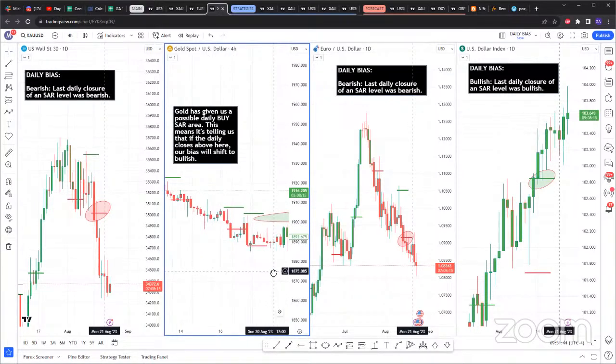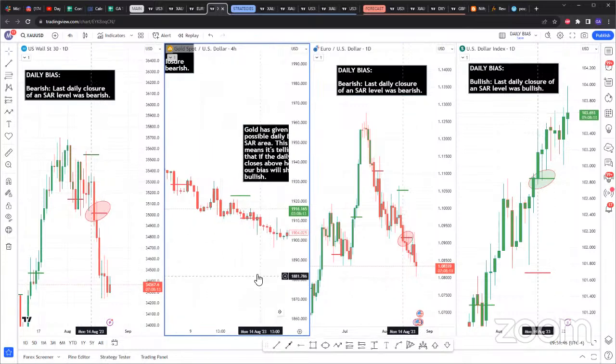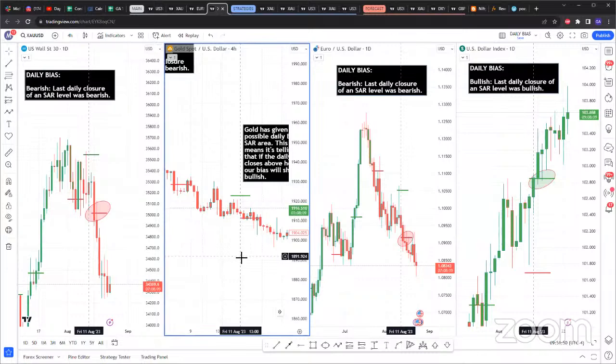We've been selling gold this whole time. Ideally when I'm backtesting, this is what I like doing, so that I can settle on what time frame I need to be using more to look for the bias. On the daily, we backtested and we saw that if we sold when gold closed below our daily SAR, gold was selling. If we bought when gold closed above a buy SAR on the daily, we were buying. So we want the same results here.